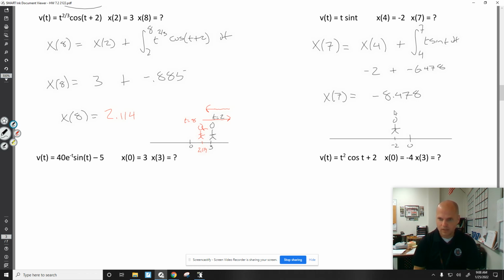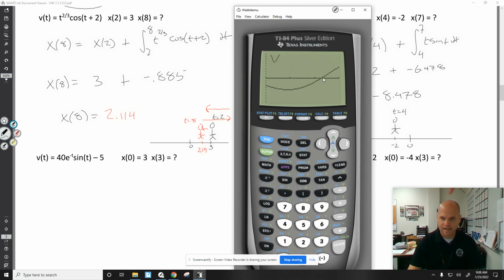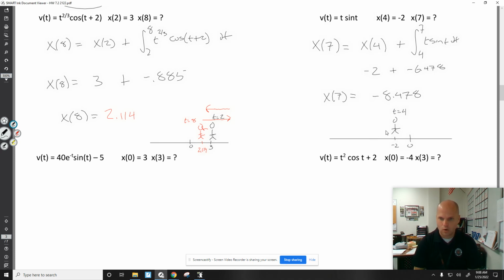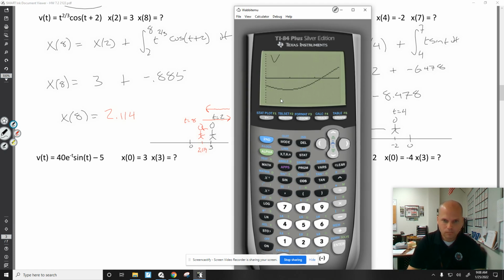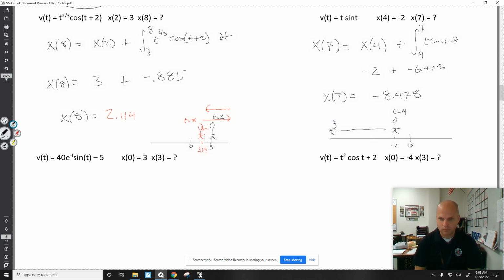He's here at the 4th second. My velocity is negative, so I move to the left a whole bunch. And then I end up with a positive velocity. x prime is positive, x is increasing. I'm moving to the right. How much? Definitely less than how much I move to the left. So I move to the right a little bit.